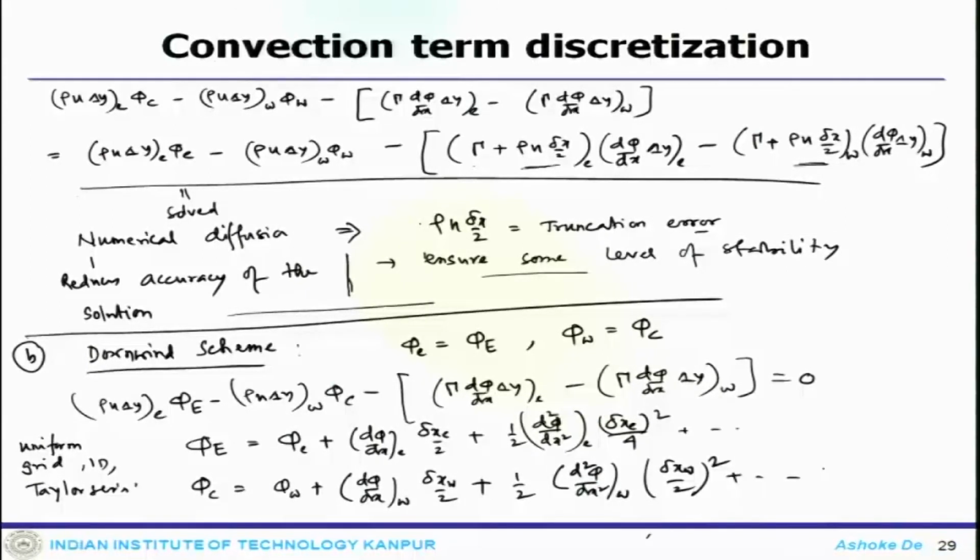And you can leave out the higher order terms.